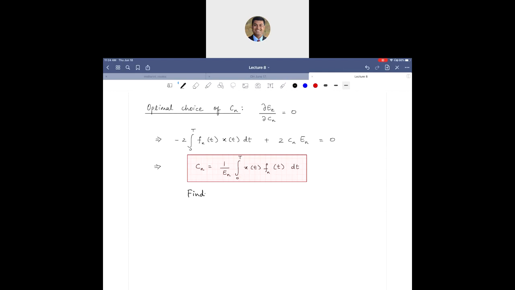Finding the projection of x of t on each signal in the orthogonal set.